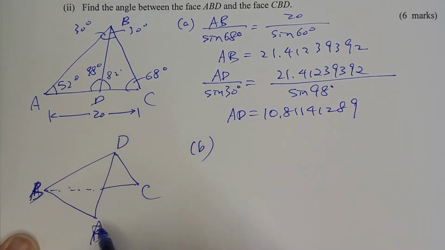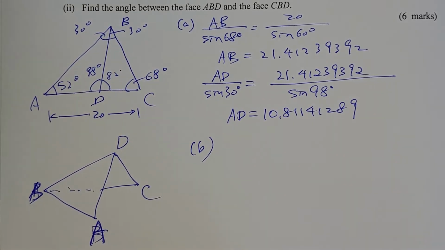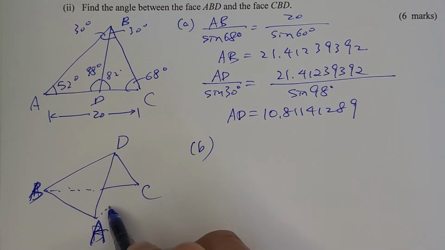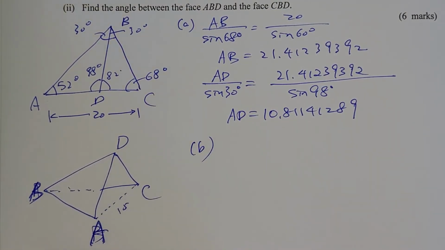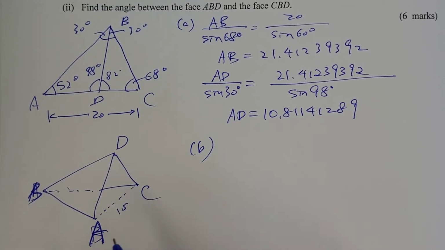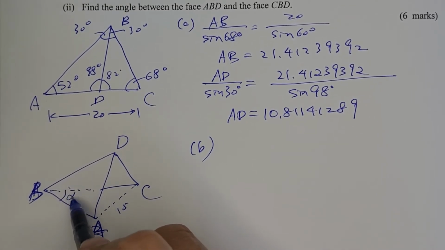That's B, that is A, okay? Now, AC is 15 cm now. Alright. Now the first question is, you need to find angle ABC on the horizontal ground. This one. Okay?